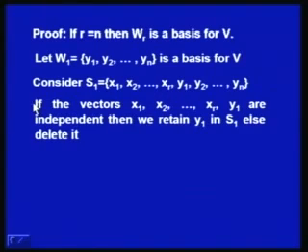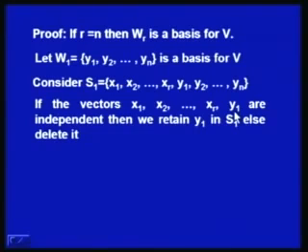Now, the method is we consider the set of vectors x1, x2, ..., xr and y1 only. So, we add only one vector at a time in this set, and we check whether this set of vectors is linearly independent or not.